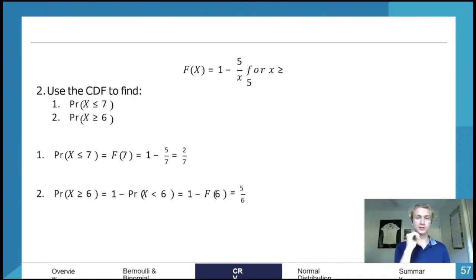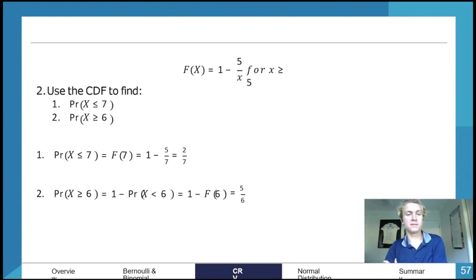And that's what question 2 is doing as well. So because we've already worked out the cumulative density function, all we do is just sub in 7. So probability of x is less or equal to 7 equals capital F of 7, which is 1 minus 5 over 7. We just sub in x equals 7, which equals 2 sevenths.